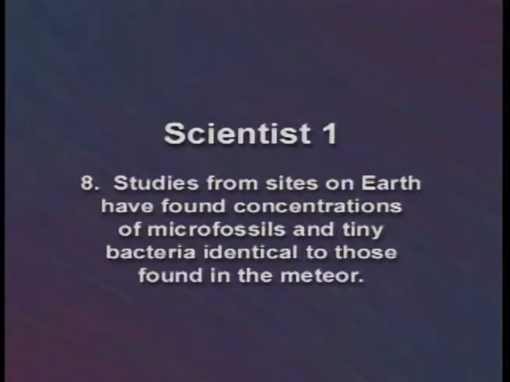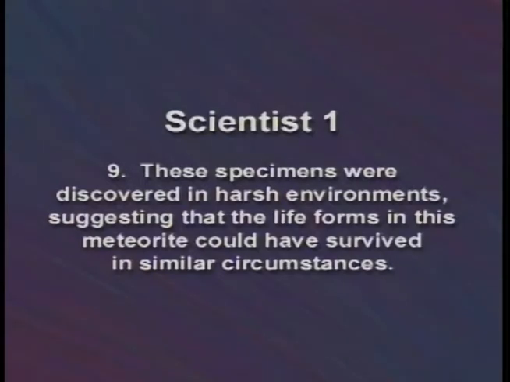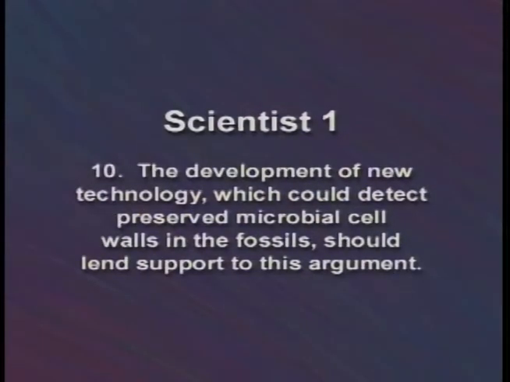Studies from sites on Earth have found concentrations of microfossils and tiny bacteria identical to those found in the meteor. These specimens were discovered in harsh environments, suggesting that the life forms in this meteorite could have survived in similar circumstances. The development of new technology, which could detect preserved microbial cell walls in the fossils, should lend support to this argument.